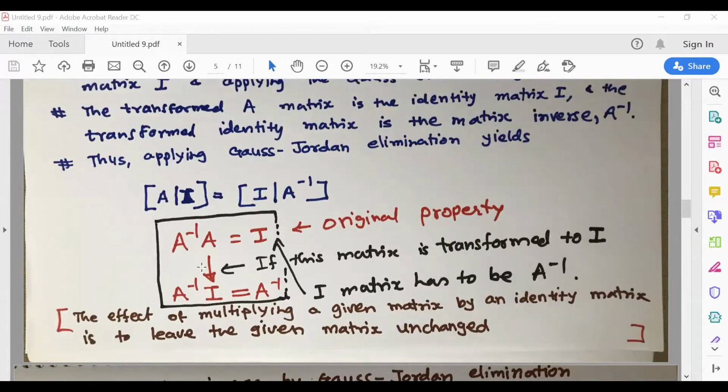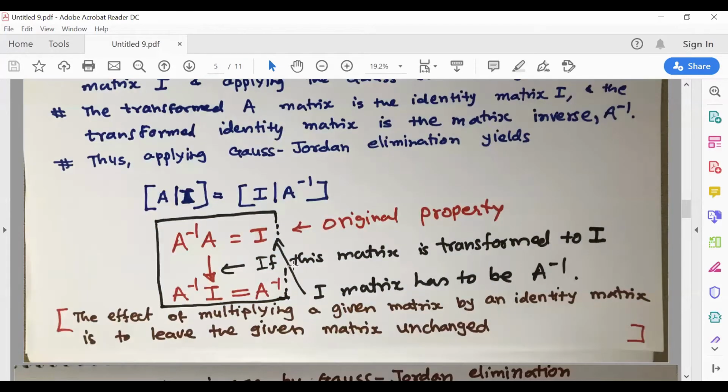So if this is my original formula, and if I am able to convert the A matrix into the identity matrix, that means my next formula becomes A inverse I. That means A inverse I is not actually the right-hand side I. It should also change. According to the left-hand side, it should be A inverse.